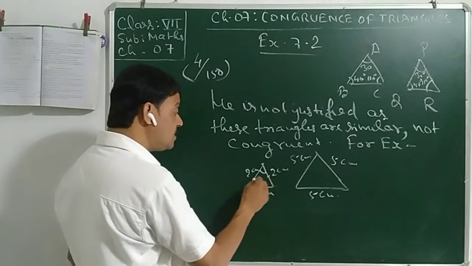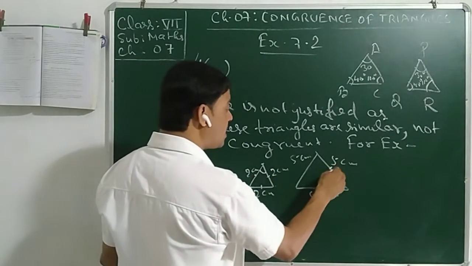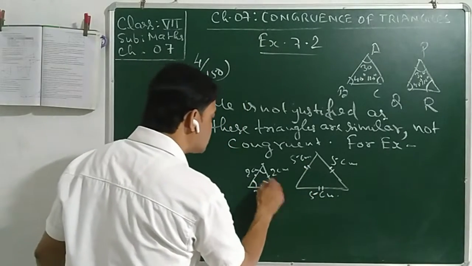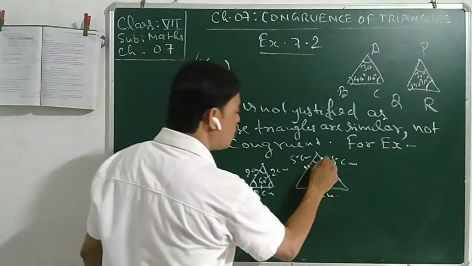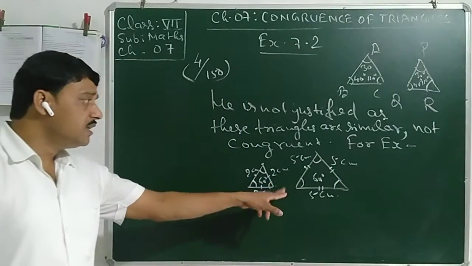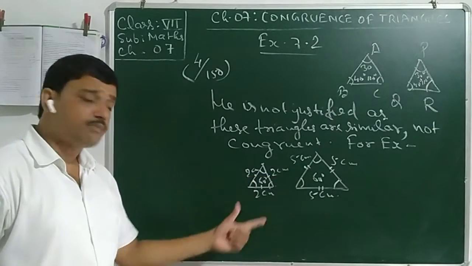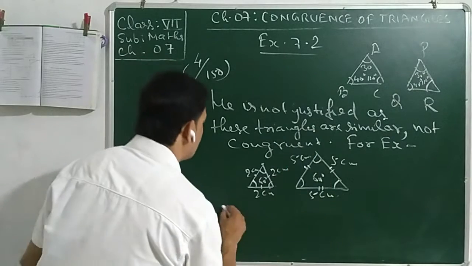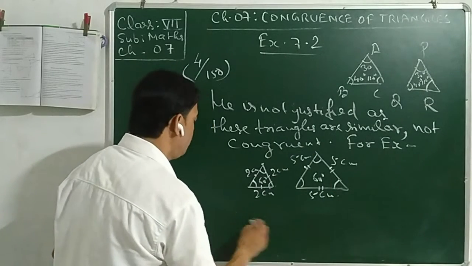As the triangles are equilateral, of course all their angles are 60 degrees. Here also all the angles are 60 degrees. These are similar triangles, but clearly they are not congruent because the lengths of the sides are not equal.